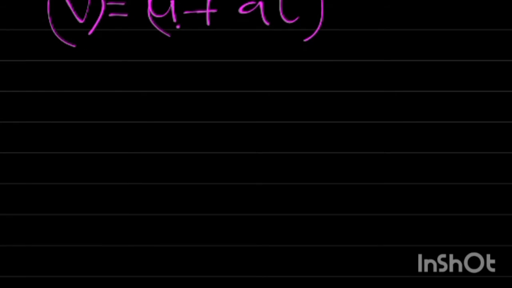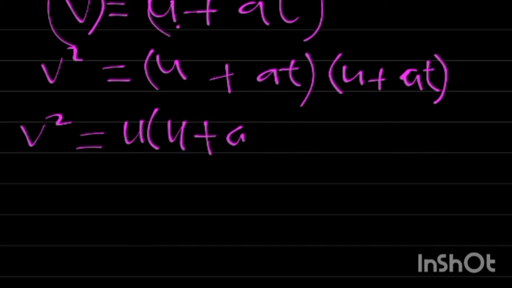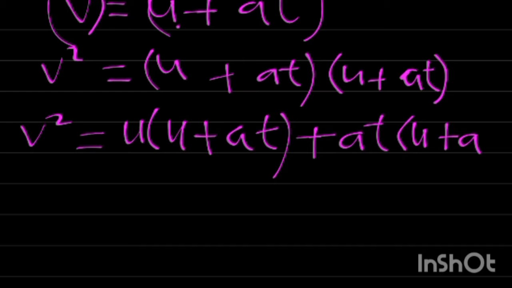Therefore, I have V squared is equal to U plus AT, then U plus AT again. Then we are going to expand the right hand side. V squared is equal to U into bracket U plus AT, then plus AT into bracket U plus AT.